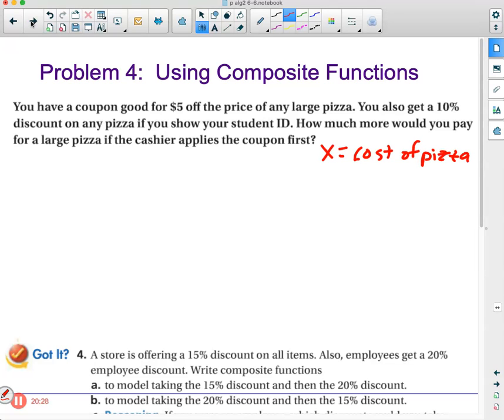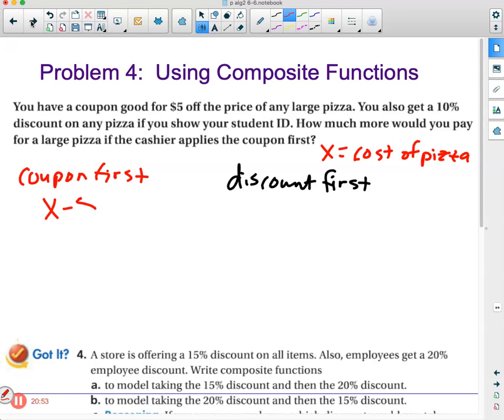All right, so I want to look at it both ways. So the first time I'll do the coupon first. And the second time I'll do the discount first. All right, coupon first. I see how much my pizza costs. I get to subtract $5.